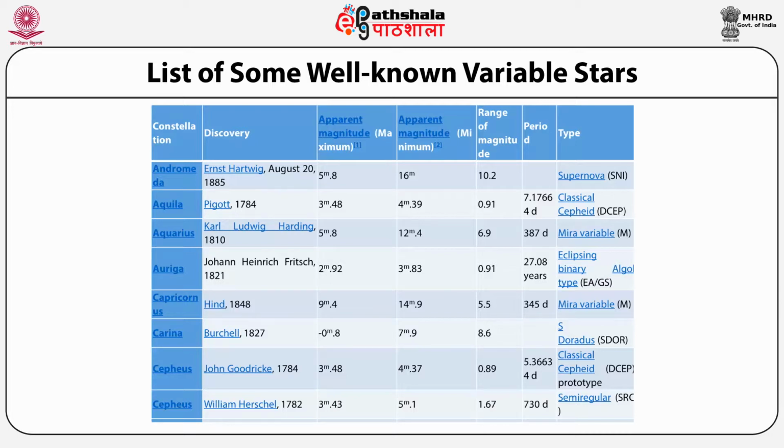Then the second one is the main sequence evolution, which we call simply the main stage evolution. And the last one is the late stage evolution, and in the late stage evolution we have even the supernova. But supernovae are of different types. So we have type 1 and type 2. This one, Andromeda, belongs to the type 1 supernova.